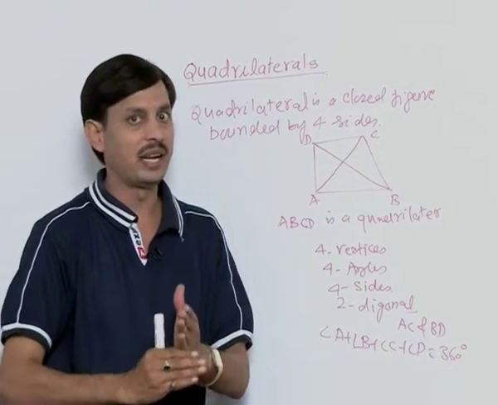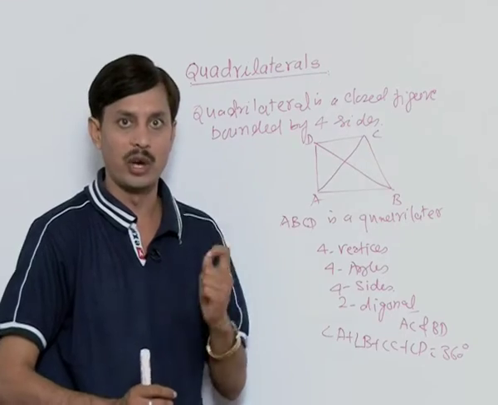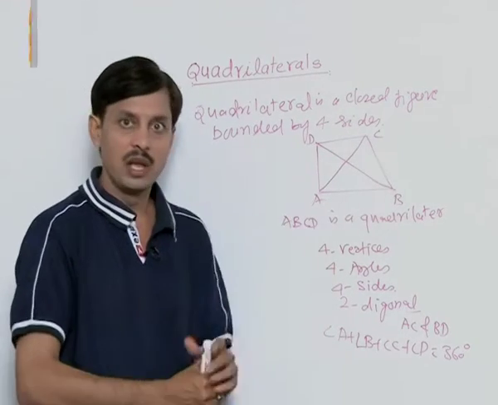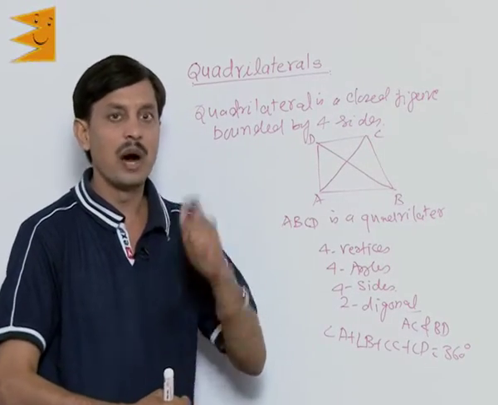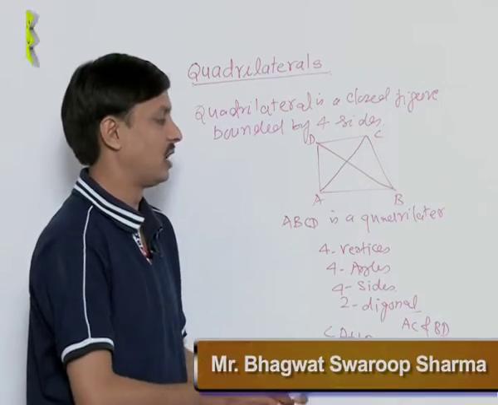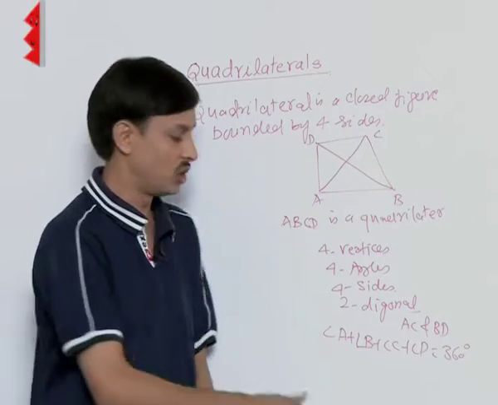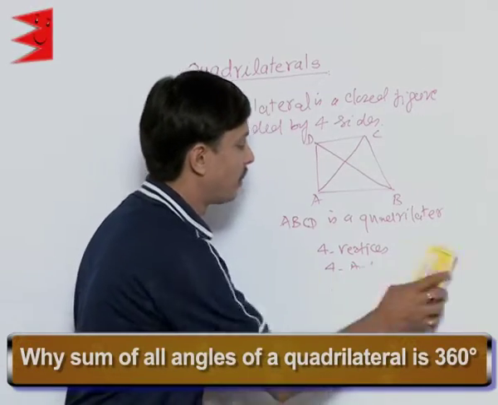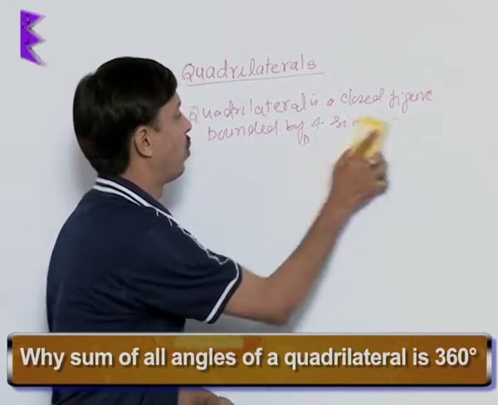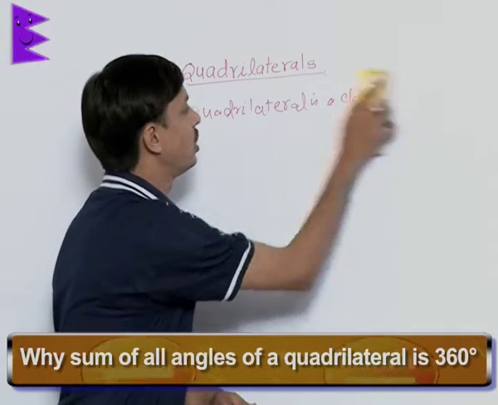A diagonal is that line segment which joins the opposite vertices. If I ask you why the sum of all four angles of a quadrilateral is 360 degrees?